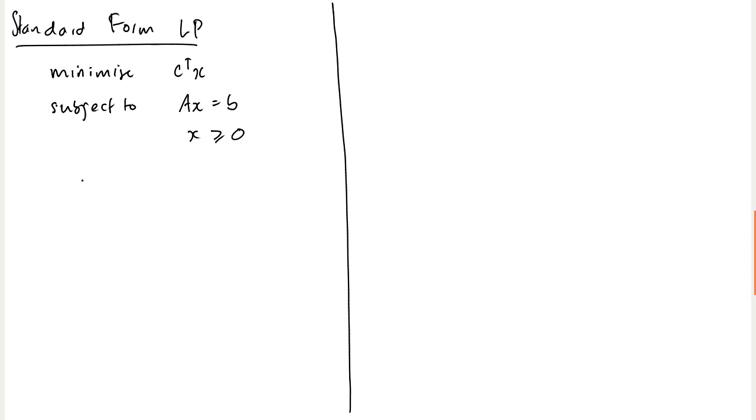Okay, so that's our standard form LP. We're also going to assume that A is full rank, and also that the rows are linearly independent.